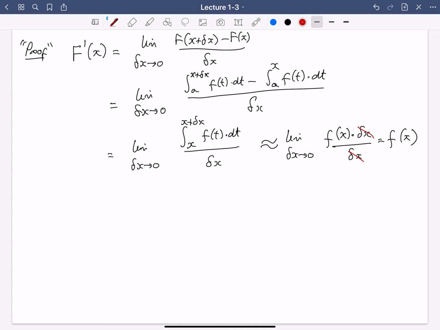And the only reason this is not quite rigorous is that to make this into an actual bona fide proof, you have to make this step precise. This approximately equals. The rigorous proof here needs to use the definition of continuous at this point.